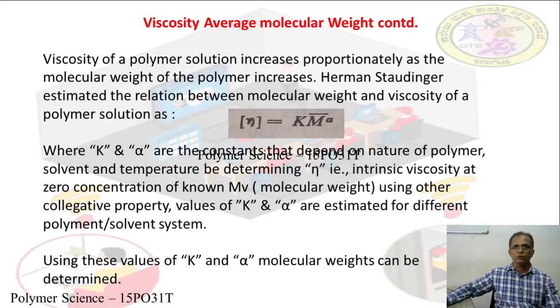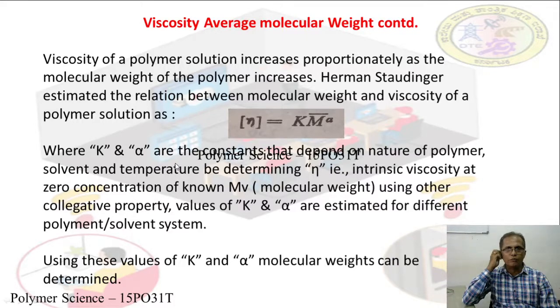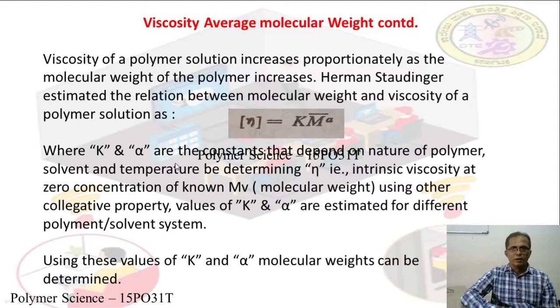Eta is equal to K Mv to the power of alpha, where K and alpha are the constants that depend on nature of polymer, the solvent and temperature, and eta is intrinsic viscosity at zero concentration of known Mv, that is the molecular weight.